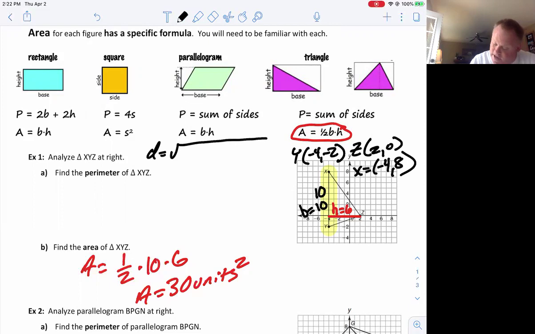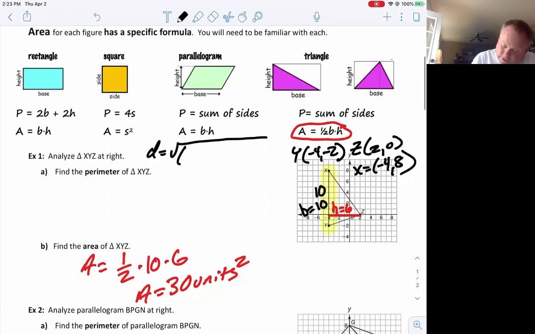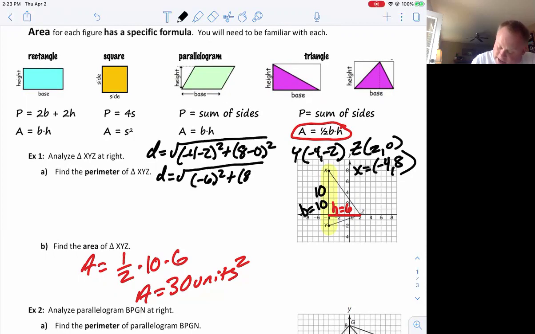So when I do this, I have a -4 to 2. So -4 minus 2 squared plus 8 minus 0 squared. And -4 minus 2 is -6 squared. 8 minus 0 is 8, so that's 8 squared. -6 squared, -6 times -6 is 36.